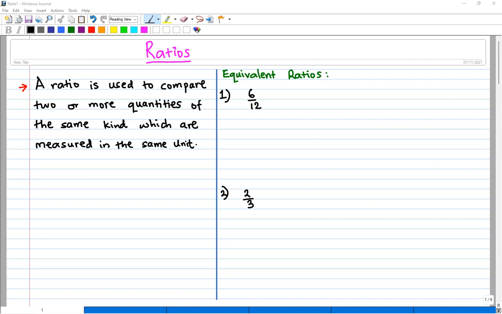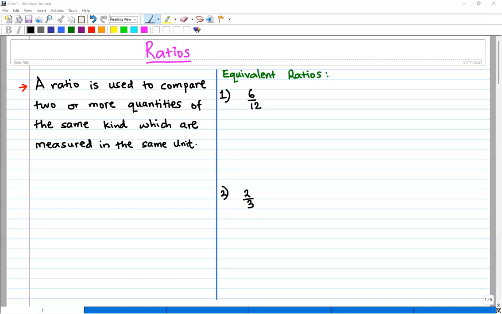Now, a ratio is used to compare two or more quantities of the same kind which are measured in the same unit. So when we are comparing using ratios, we are comparing two or more things, okay?